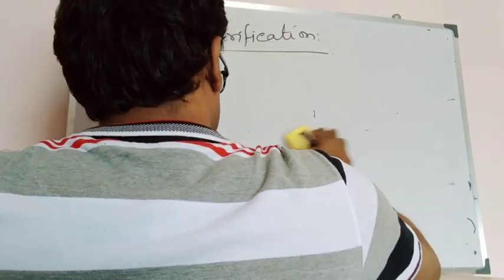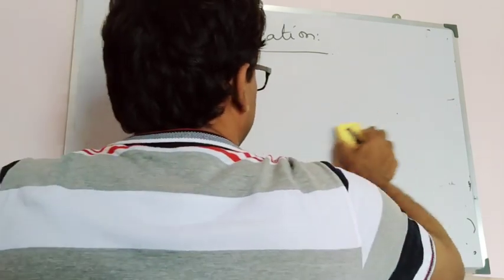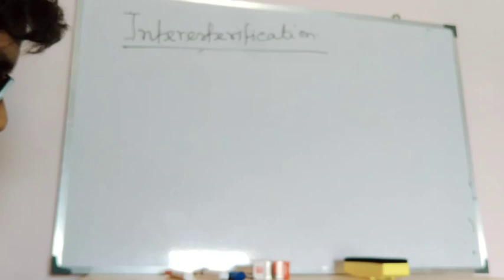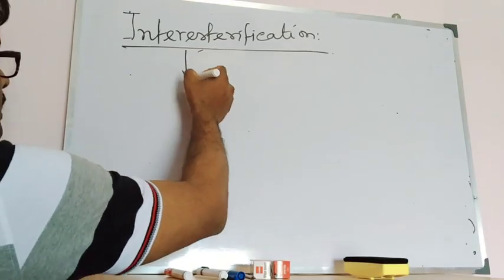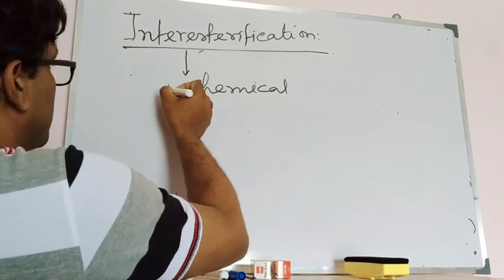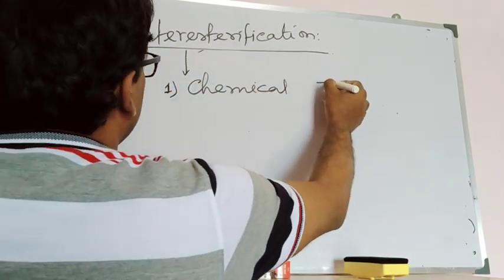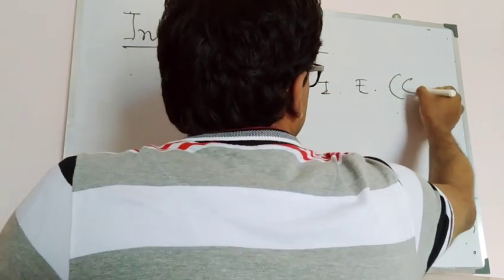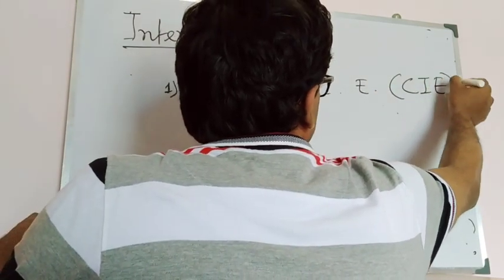Now, what are the chemical processes for this interesterification? There are two processes present here. How can we carry out this process? The first one is chemical interesterification, which we will write as CIE.